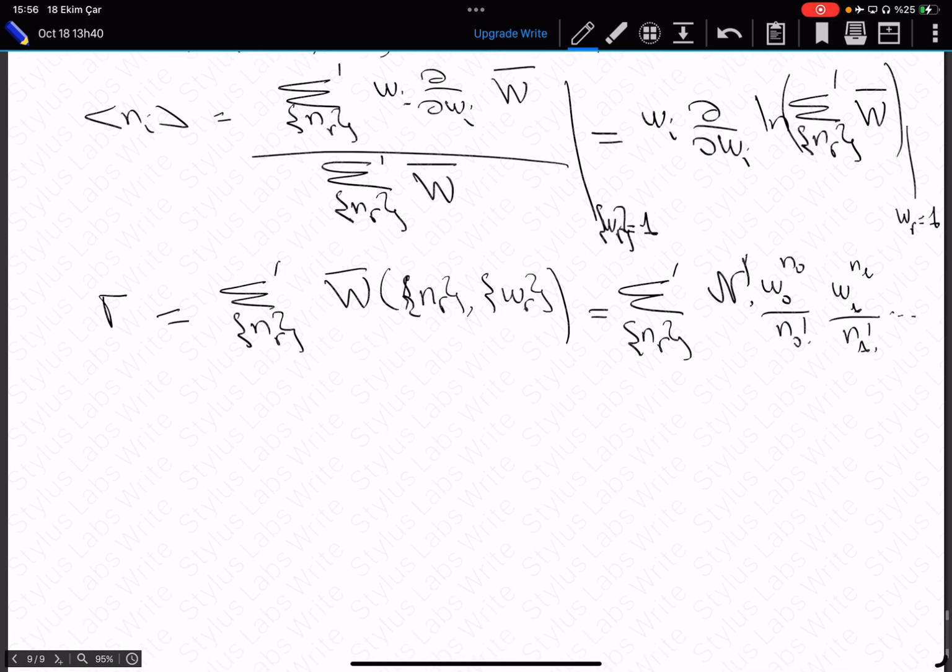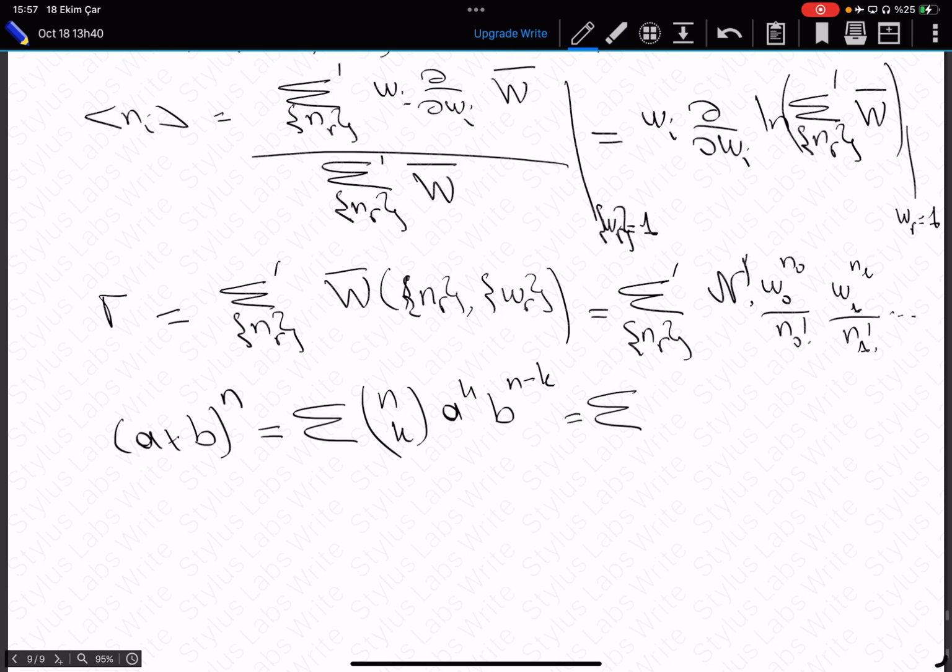Now, keep in mind, does anybody know how you can write this expansion? It's just a binomial expansion. If I write it explicitly, this is n factorial divided by k_1 factorial, k_2 factorial, a to the power k_1, b to the power k_2, but with the condition that k_1 plus k_2 is equal to n.